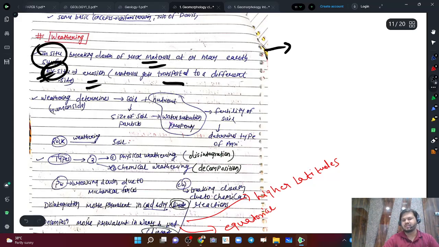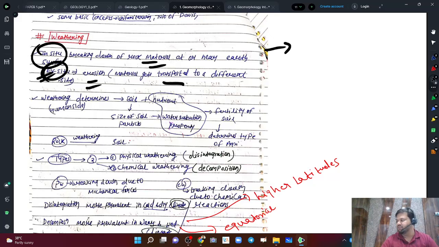Last year in some geology exam, they asked to write a short note on the human side of weathering. It is a very non-conventional question, because weathering is a very technical term, and they are asking about some human aspect.